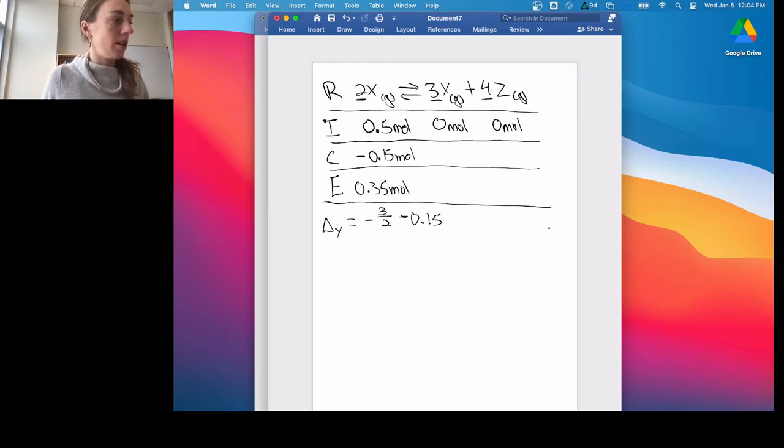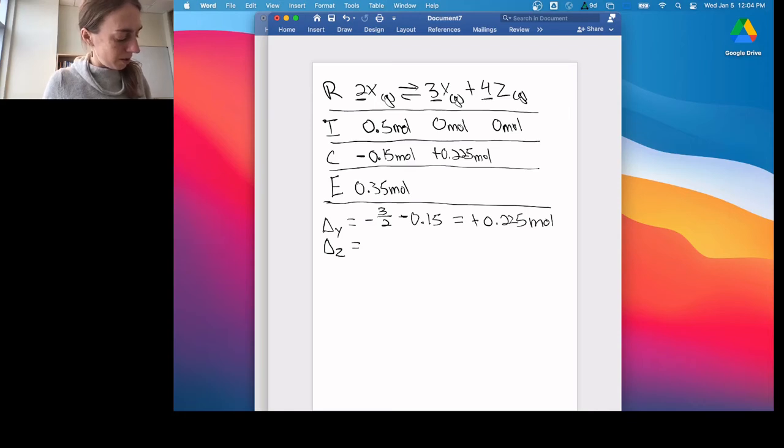So that means that we gained positive 0.225 moles of Y. So plus 0.225 moles.